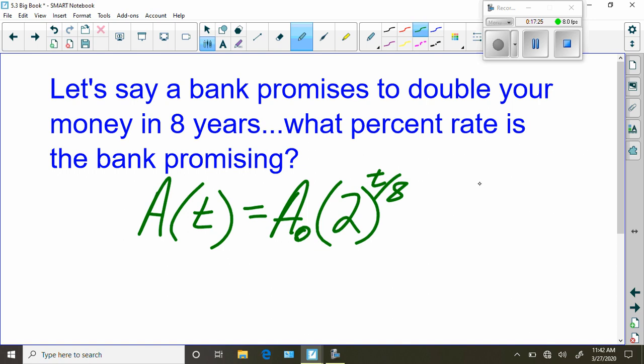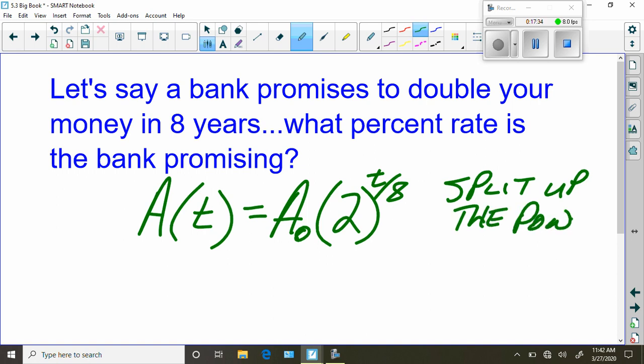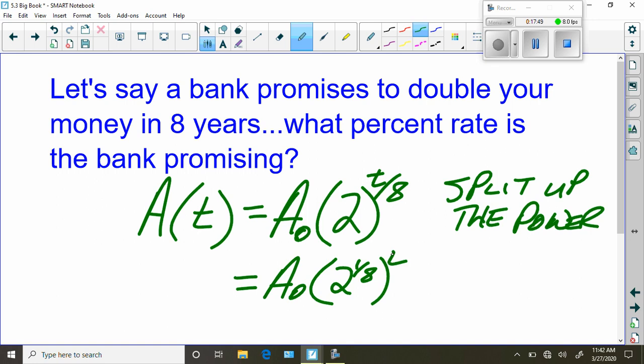So now I'm going to split up the power. Okay, in other words, t over 8 kind of scares me. All right, so I'm going to split it up. So it's going to be the initial amount. Again, it doesn't matter. It's going to be 2 to the 1/8 to the t. I split up the power because it's still t over 8.